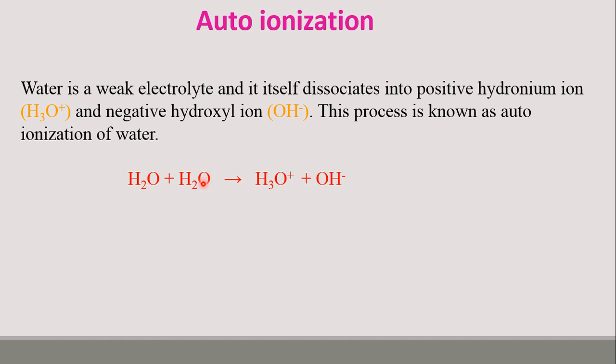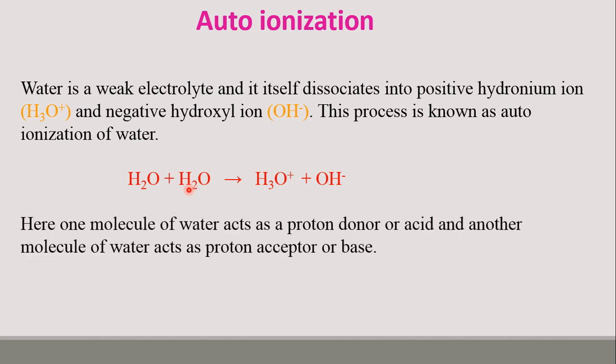And this water molecule donates proton, so it acts as proton donor or acid. Here, one molecule of water acts as a proton donor or acid and another molecule of water acts as proton acceptor or base.